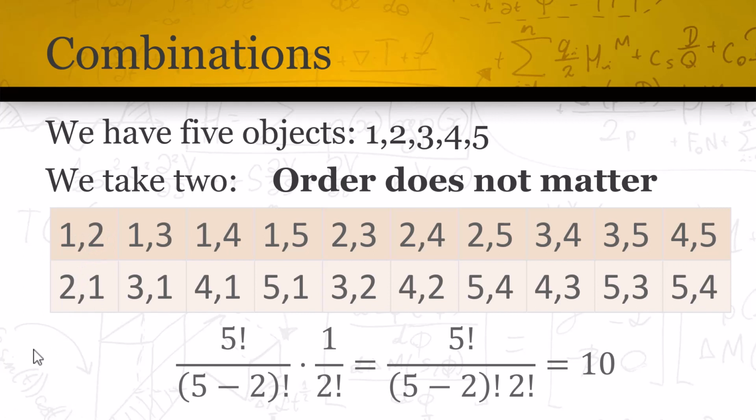As a consequence, the formula for taking r objects from n is the number of permutations we have, n factorial divided by n minus r factorial. I forgot the factorials there.